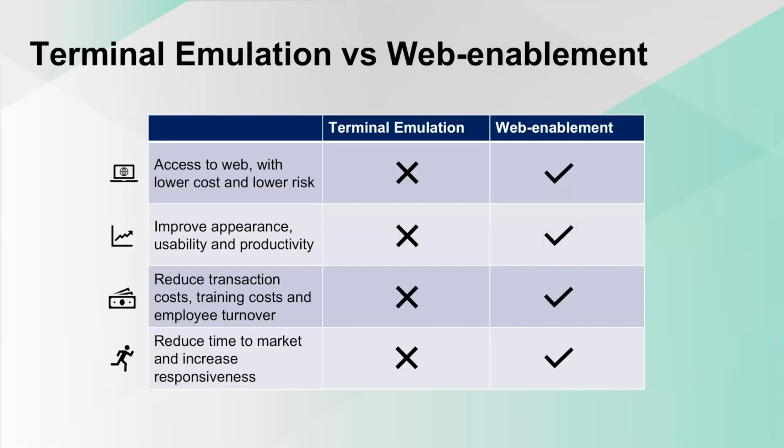So if we really get into what differs between a terminal emulation and a web enablement solution, a modernization solution such as Axis, you can see that it allows you to web enable those applications at a lower price, in a secure way of exposing your application to the web.